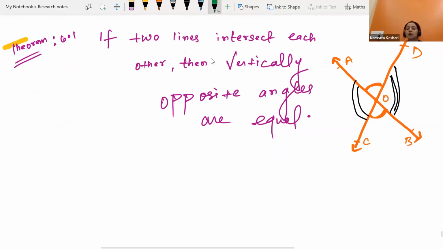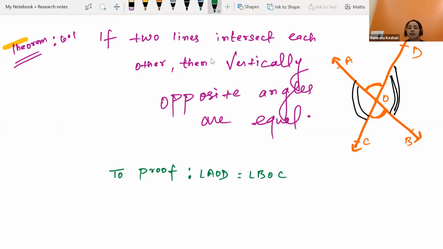So let's focus on proving: to prove angle AOD is the same as angle BOC and angle AOC.